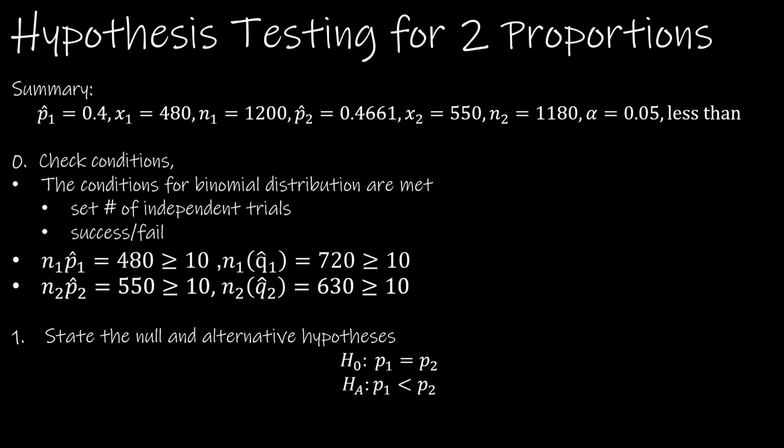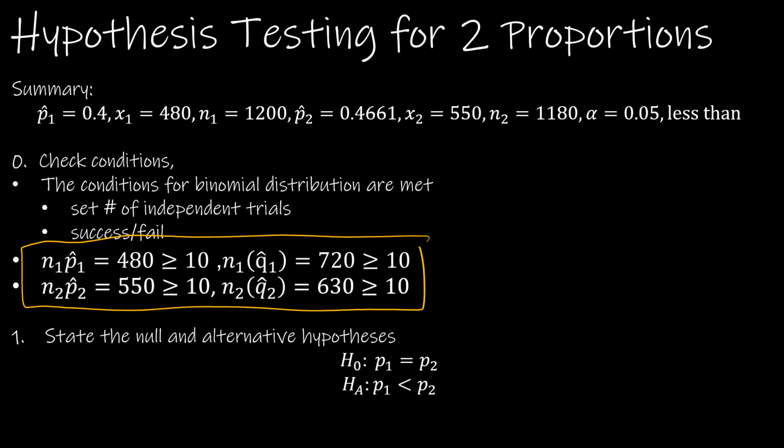So again, the first thing to do is to check conditions, and the conditions for a binomial distribution are met because there are a set number of independent trials and it is success-fail. And then again, I encourage you to use Excel to do this part for you, to find n1 times p hat 1 and n1 times q hat 1. And remember, q hat is just 1 minus p hat.